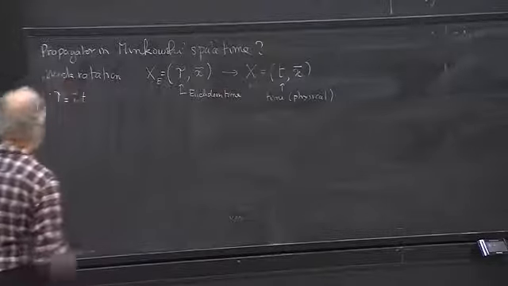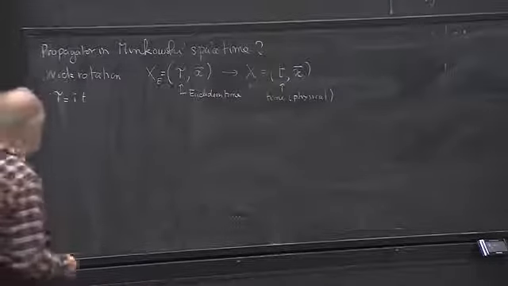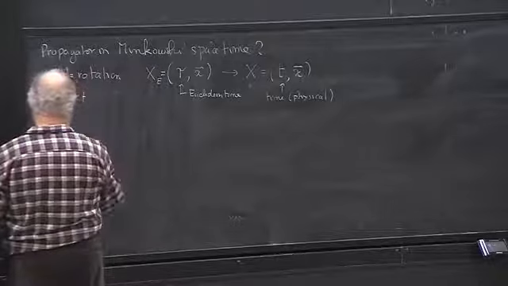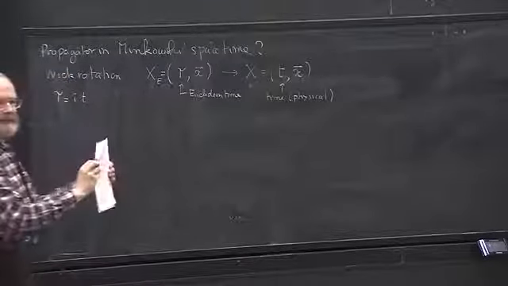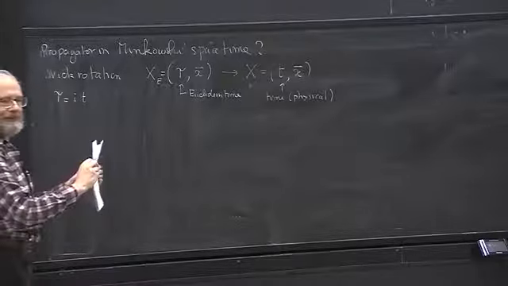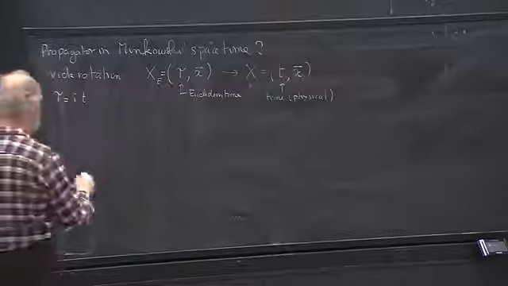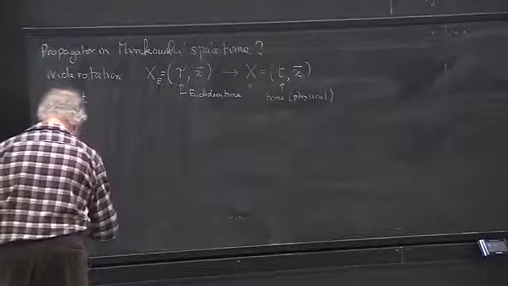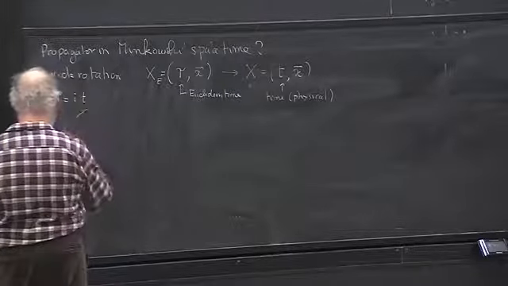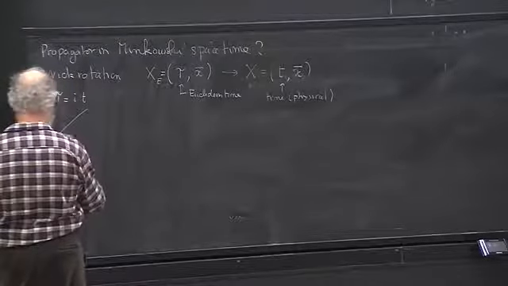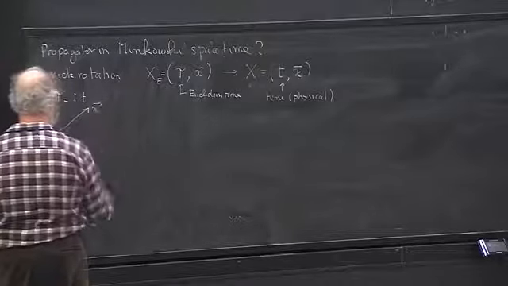Okay. So in other words, think now about our Euclidean space-time as a plane, where this is Euclidean time tau, and this is the space direction.